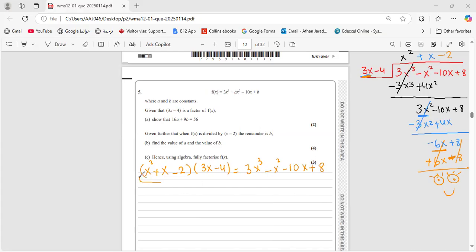So you need to factorize this one, which is x plus 2 multiplied by x minus 1, and don't forget 3x minus 4. The question is just about to fully factorize, this is the factorization. Question number 5 is about chapter number 1, which is about factor and remainder theorem.